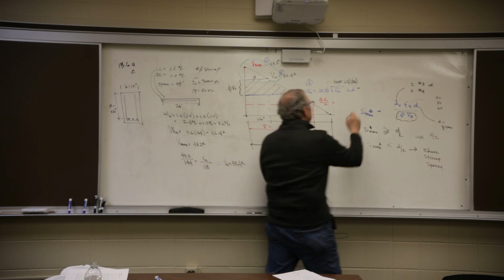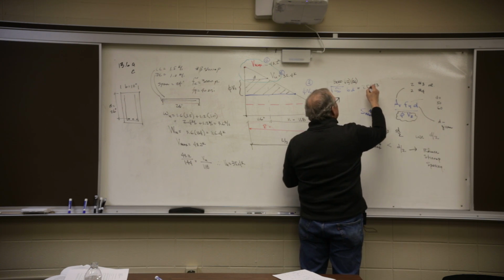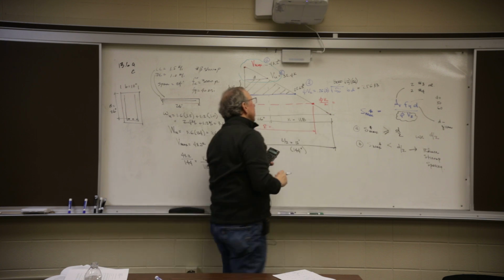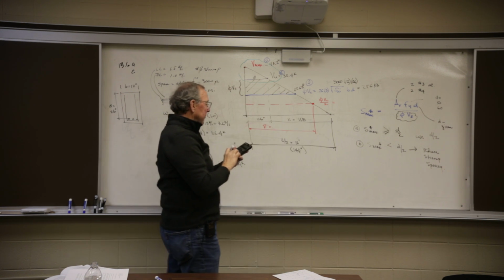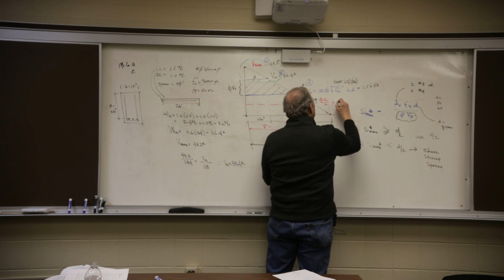This comes out to 25,633. I'm going to move the decimal place back, and this is going to be 25.63 kips. Now I'm going to divide it by 2, and I get 12.82.